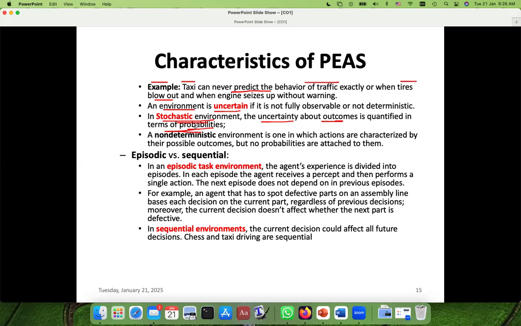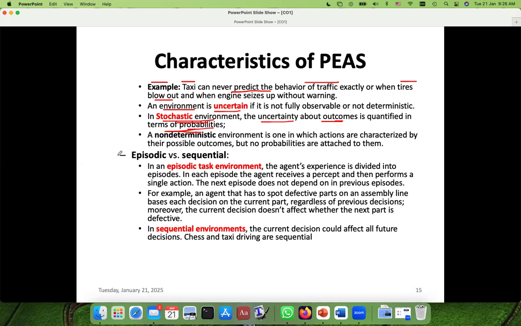If you are not using probability values to determine the next states, then it is non-deterministic. Again, deterministic is where you can determine the next state. If you cannot determine the next state, it is non-deterministic. If you are not using probability values, it is non-deterministic. If you are using probability values, then it is stochastic.